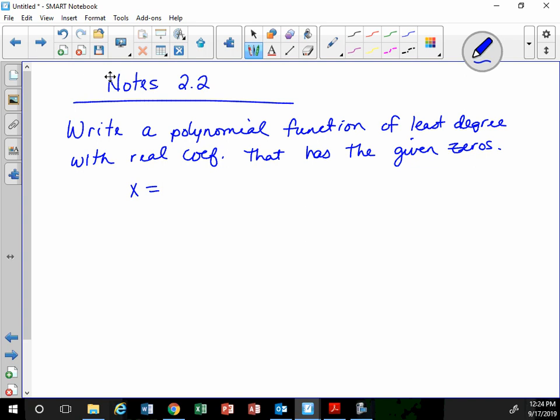Let's try. Your zeros are 2, -4, and square root of 3.